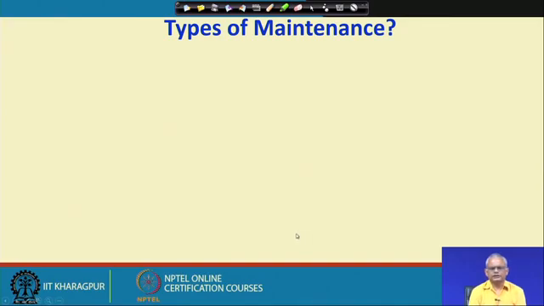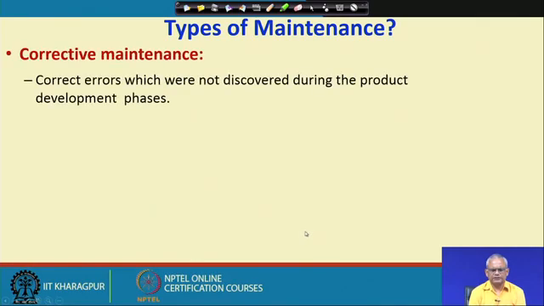But let us look at what are the reasons why maintenance may be needed, that we call the types of maintenance. There are 3 main reasons why maintenance may be needed. One is that bugs may be reported and need to be corrected, that is called corrective maintenance.